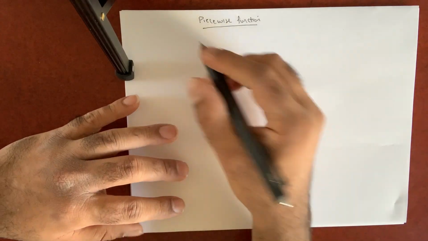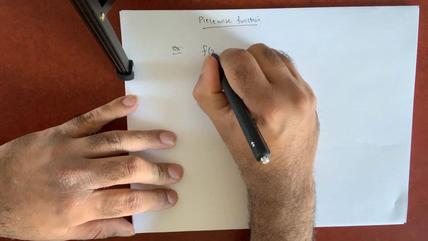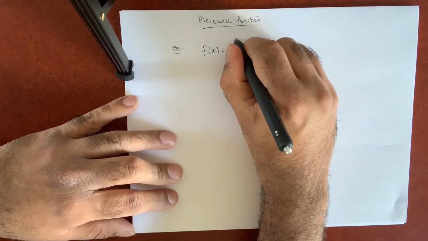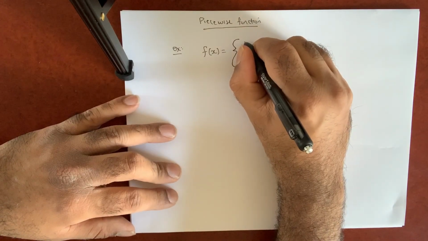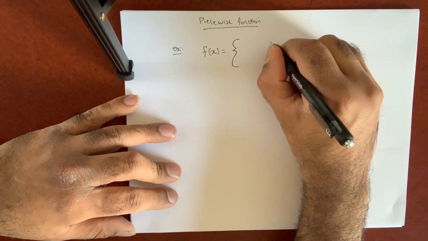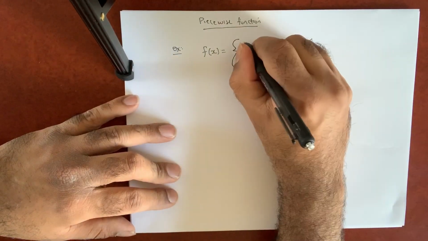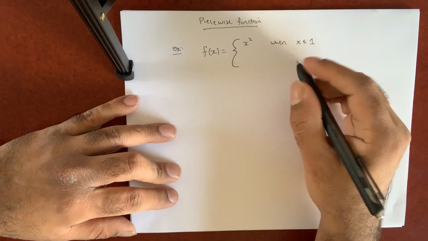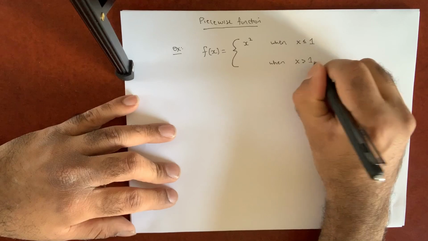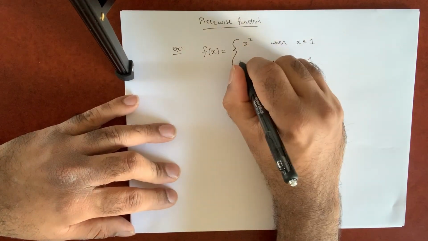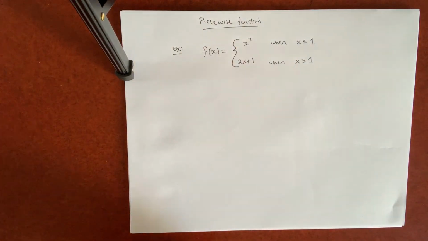Let me just give an example of one, and we'll graph it, because that's how you'll see that it's a piecewise thing. Let's say when x is less than or equal to 1, f of x is x squared. And when x is greater than 1, we have 2x plus 1.